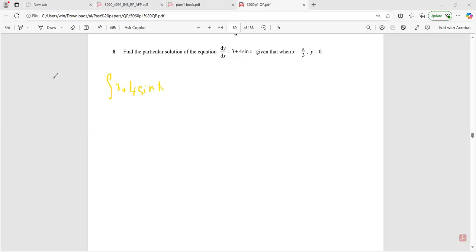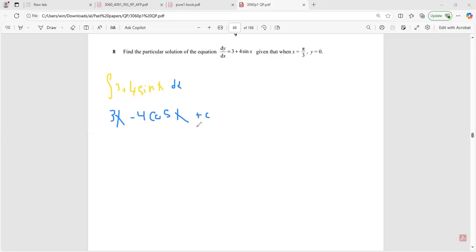So the integral of the 3 will be 3x here in terms of x, plus the integral of sine, which would be cosine, minus 4 cosine x, and plus c. It's not limited.